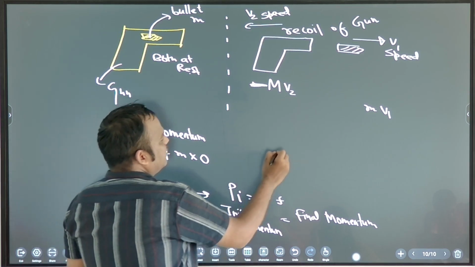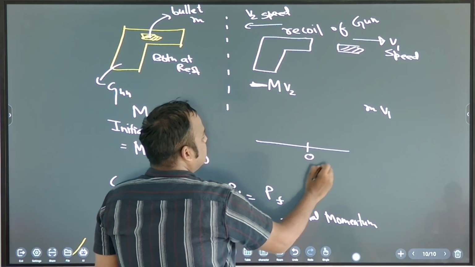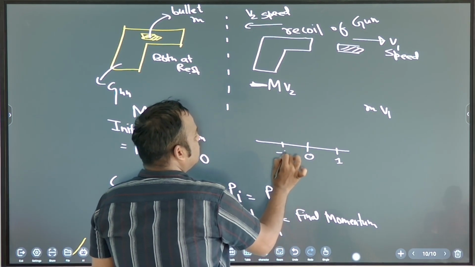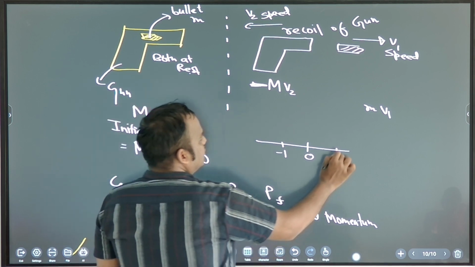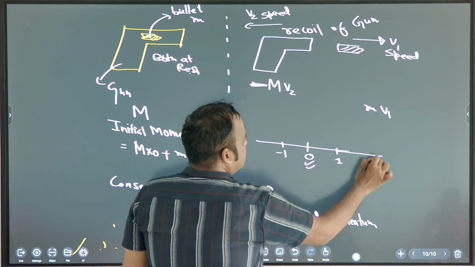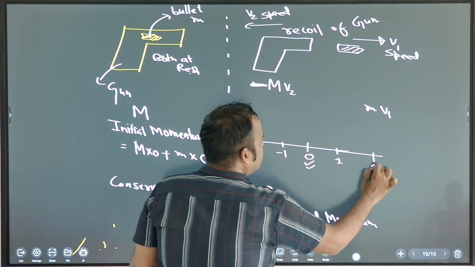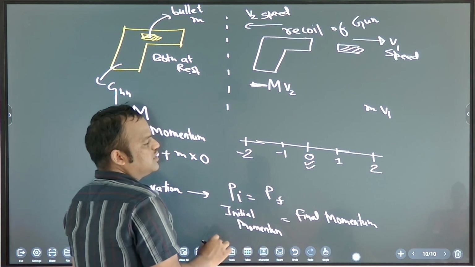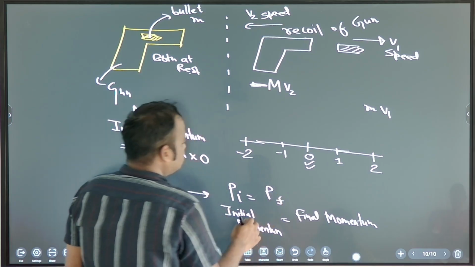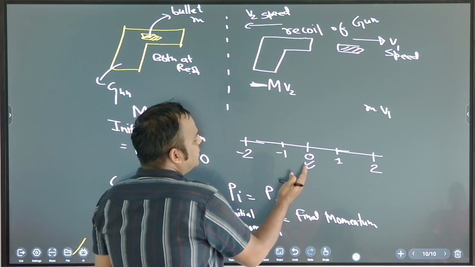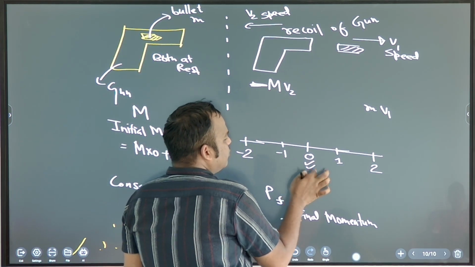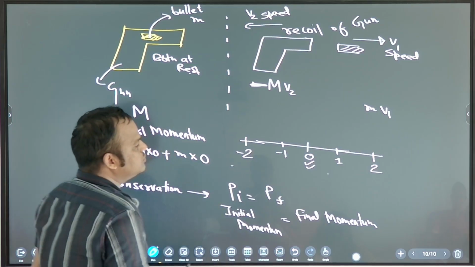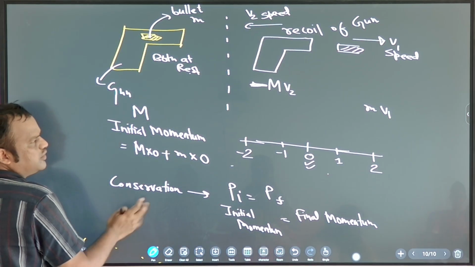If you see the number line, suppose one is getting momentum plus 1, the other is getting minus 1. Initial 0. If one object gets momentum of plus 2, the other will get minus 2. You can also say that the initial momentum is 0, one object's momentum is increasing, another object's momentum is decreasing, correct or not?